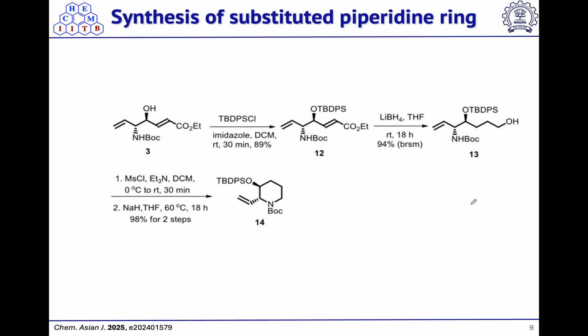Okay, then we'll move forward. So we are having this compound 3, right? Compound 3 we have already synthesized in the last slide. Now they treat this with TBDPS chloride, that means tert-butyl diphenyl silyl chloride, with imidazole in DCM.